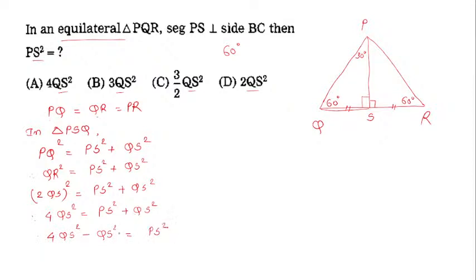So 4 QS square minus 1 QS square is 3 into QS square, equal to PS square, or we can also write it as PS square is equal to 3 QS square. So the value of PS square in terms of QS square is 3 QS square, which is given at option B. So option B is the correct alternative for this question.